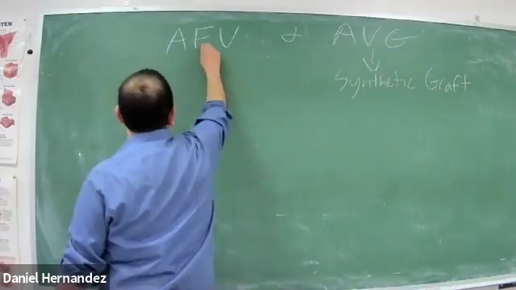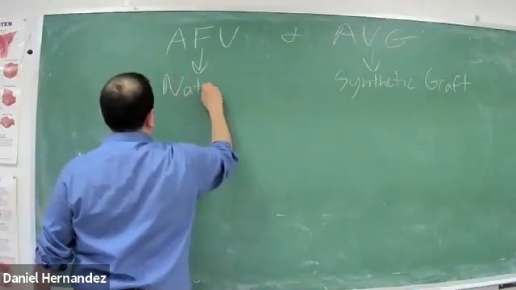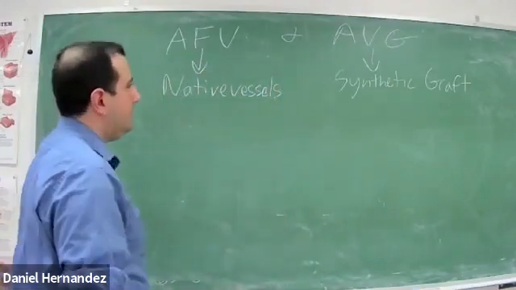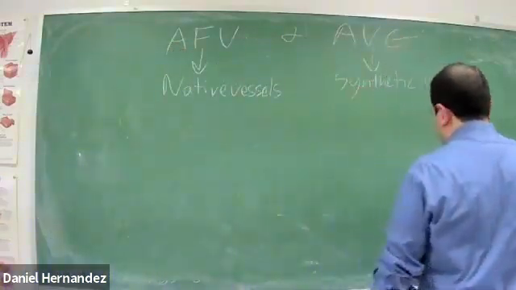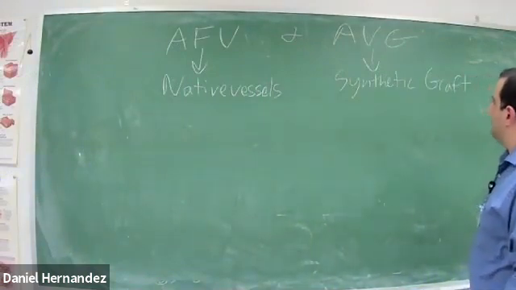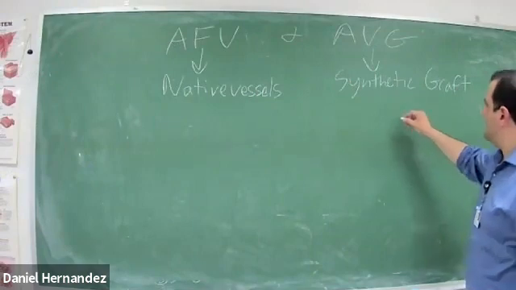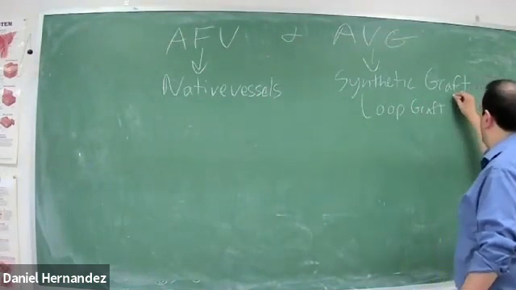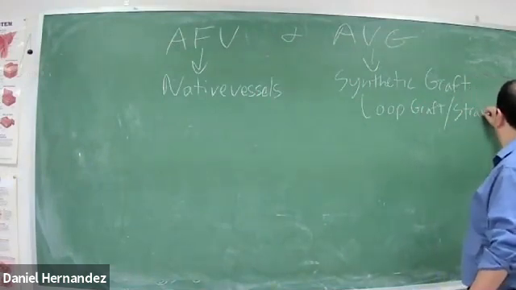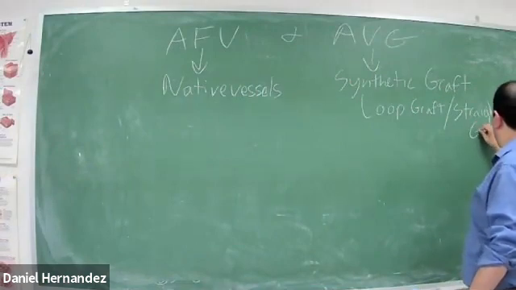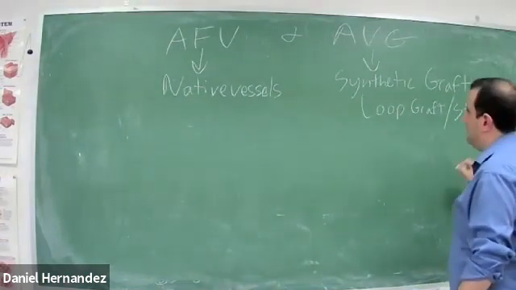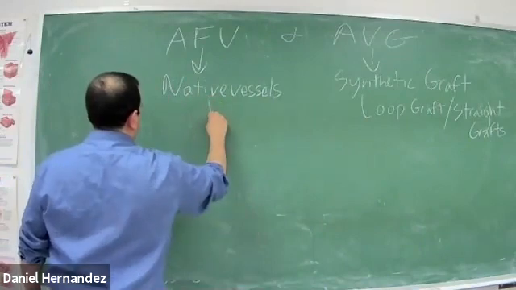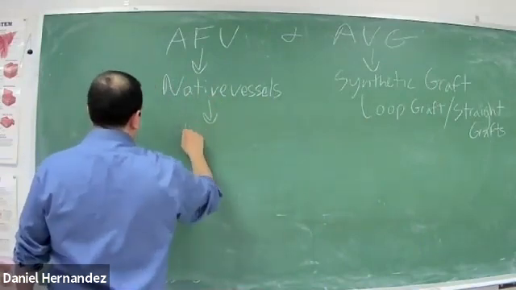And typically our AVFs are going to be our native vessels. So this is going to be our loop grafts, or straight grafts. And these are going to be our fistulas.